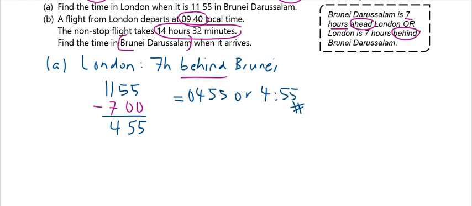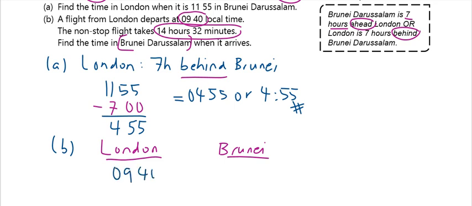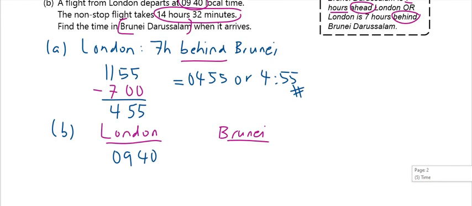You have to do it like the first part, telling the time in terms of London local time and then Brunei local time. So first we find the time when it arrives in London. You're starting from 0940, and you have to add 1432.